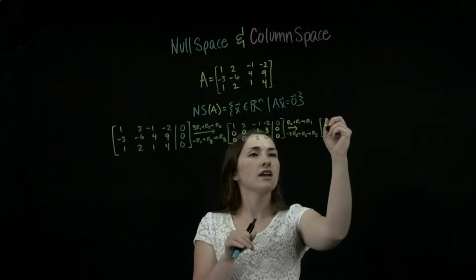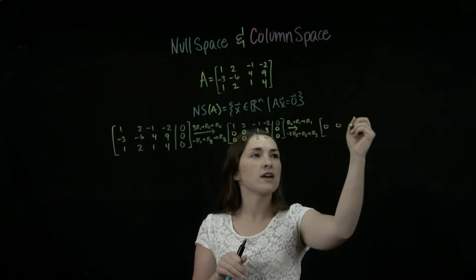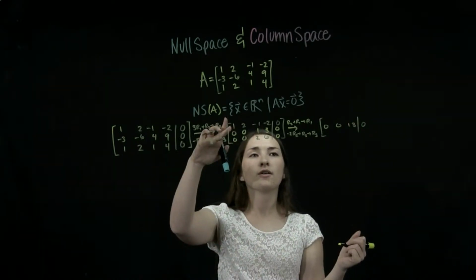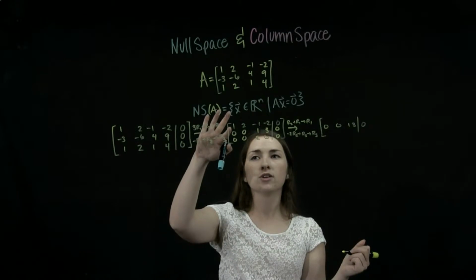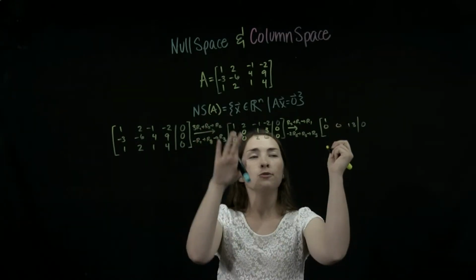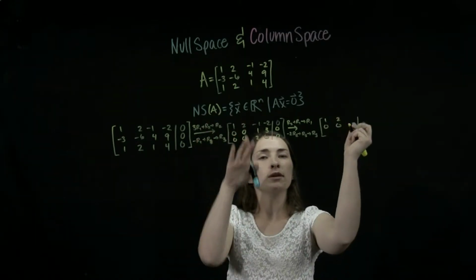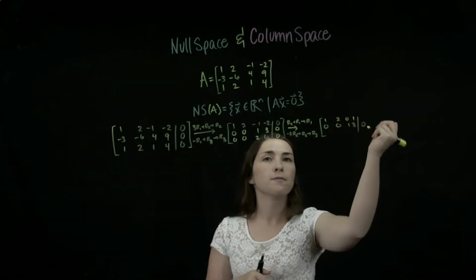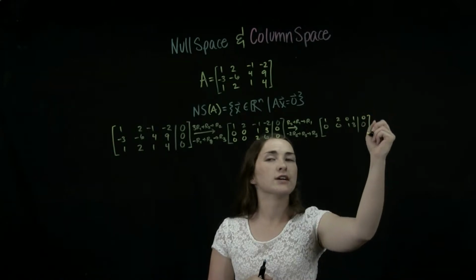We're not doing anything to row 2, so let's just copy that in here. And then we're going to have our row 2 plus row 1. So 1 plus 0 is 1, 2 plus 0 is 2, negative 1 plus 1 is 0, and then negative 2 plus 3 is 1. And then 0 plus 0 is 0.